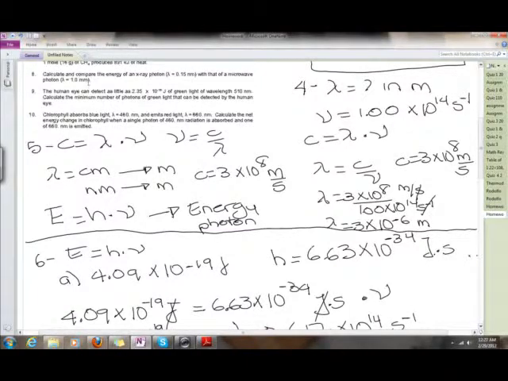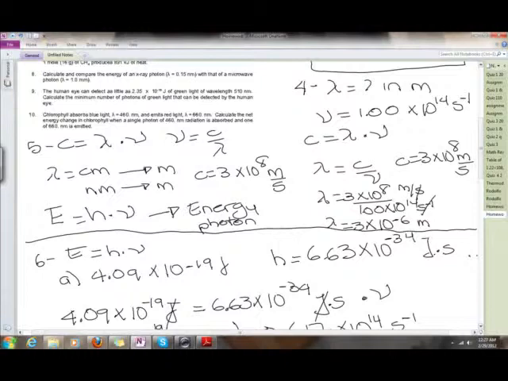Now let's look at number 9 for a second. The human eye can detect as little as 2.35 by 10 to the 18 joules of green light of wavelength 510 nanometer. They're giving me the minimum energy, and they're giving me the green light of 510 nanometer.